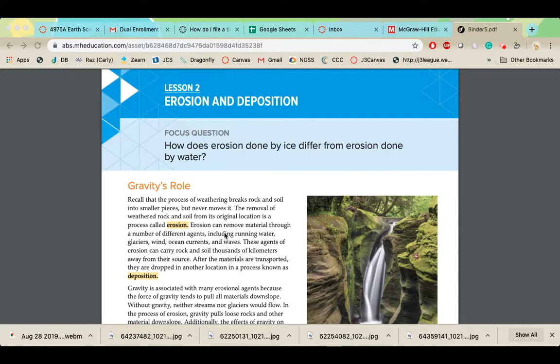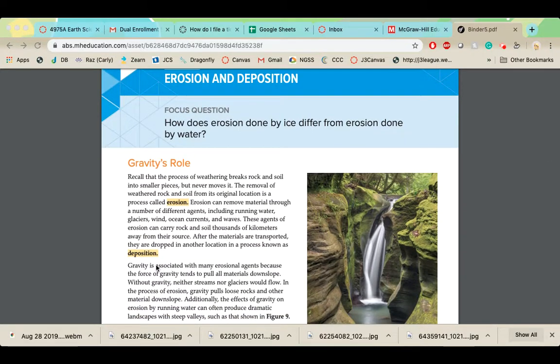These all carry rock, soil, and sediment away from one source and to another place. And the final place that they deposit it, when they drop it off, is called deposition. Deposition is the last step in erosion, when something finally gets deposited somewhere else.